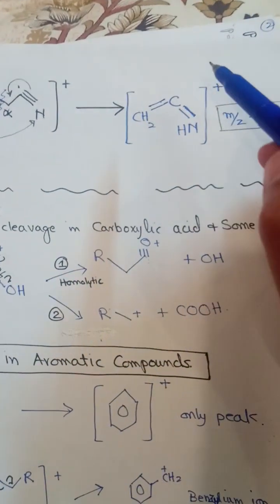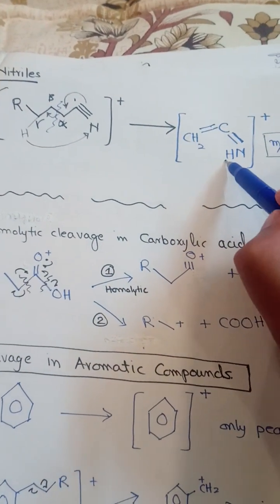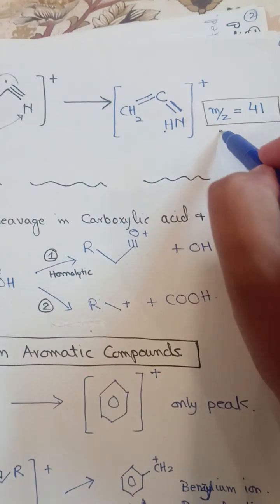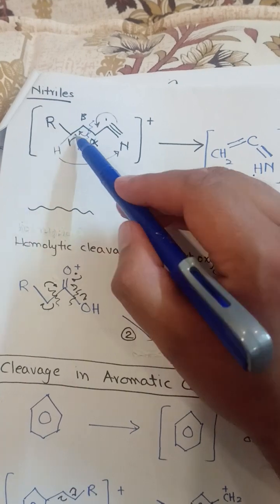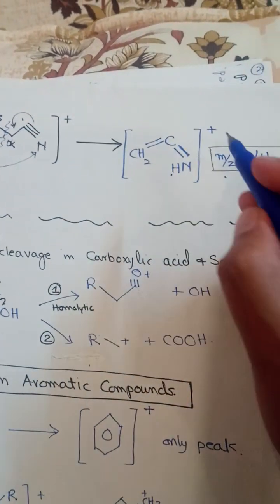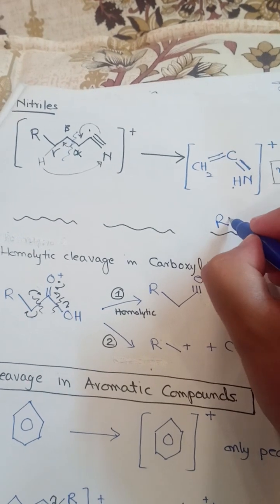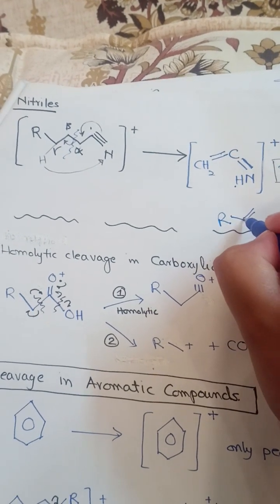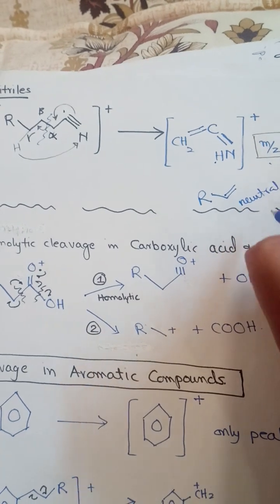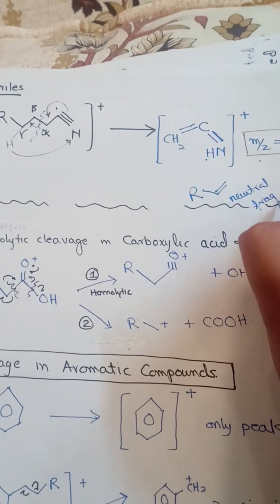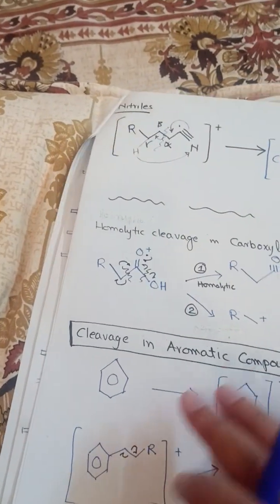So in this case again we will get this type of positively charged fragment with mass to charge ratio of 41, and here we get R, and here we get a double bond, which will be a neutral fragment. So it will be like this, which will be a neutral fragment, and it will give us no peak.